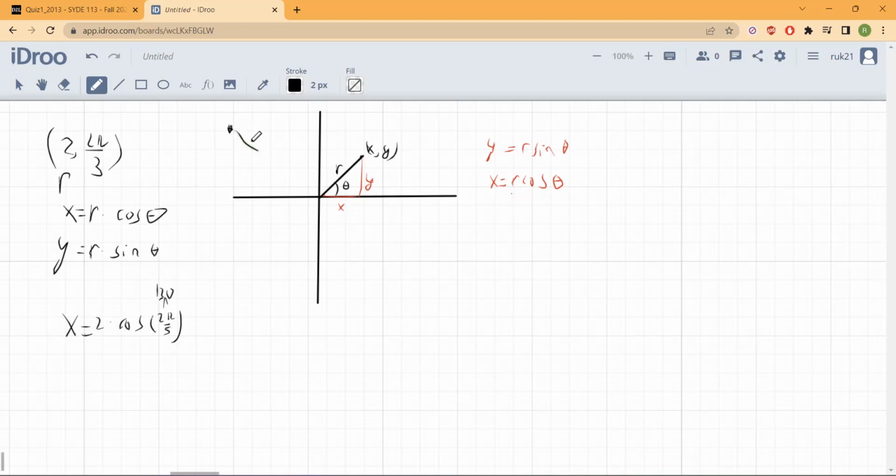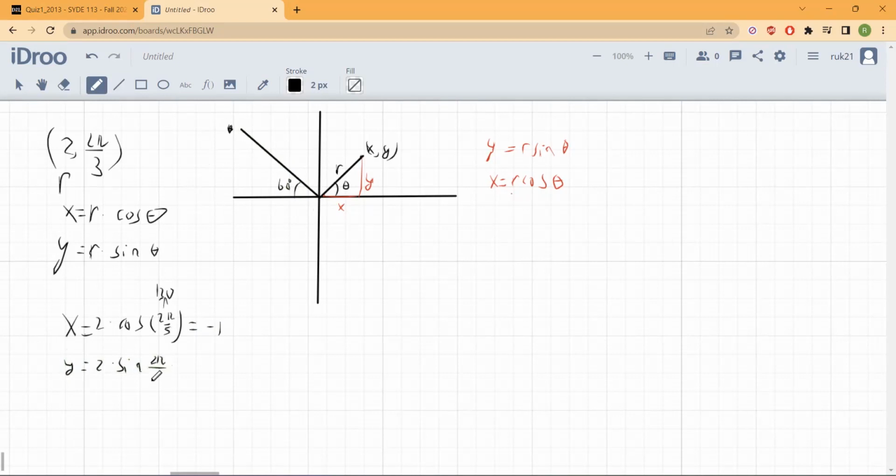And if we draw our triangle over here of 120 degrees, we notice that this is going to be 60 degrees, or pi over 3. So cosine of 60 is equal to 1/2. So it's actually going to equal -1. It's 2 times -1/2.